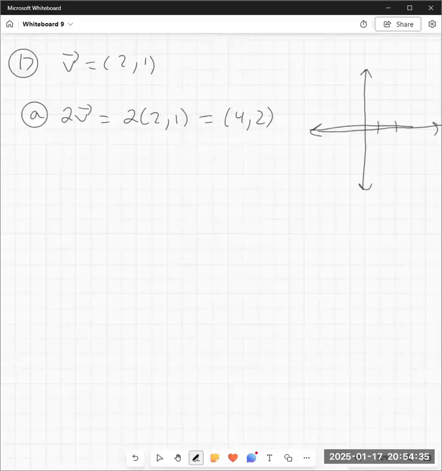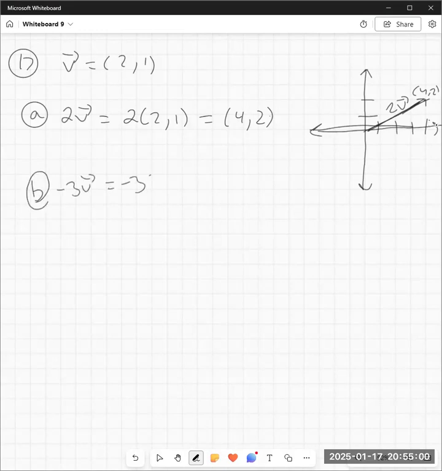So 1, 2, 3, 4, 1, 2. It's out here. There we go. 4, 2, that's 2v. All right, now the next one asks me to find negative 3v.